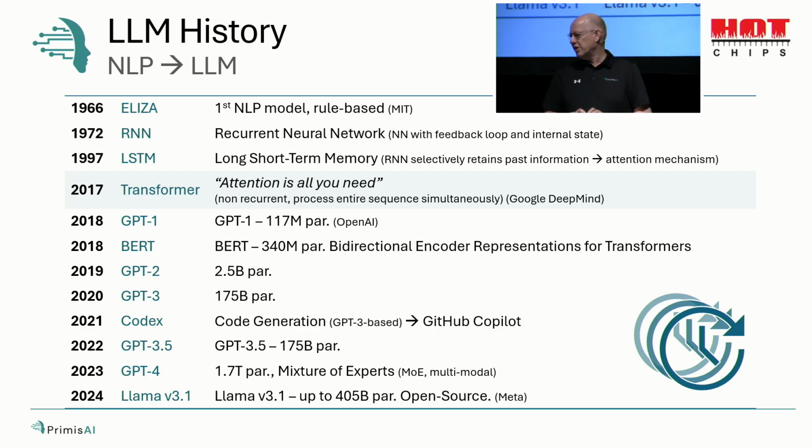That led to the paper, Attention Is All You Need, which in my opinion is the birth of the LLM as we know it today. Hence my statement about LLMs being a 7-year-old kid at the moment. Long story short, if you go through the ages, you can see that the transformer took flight. OpenAI produced a number of GPT models, and you can see how they increased in number of parameters.